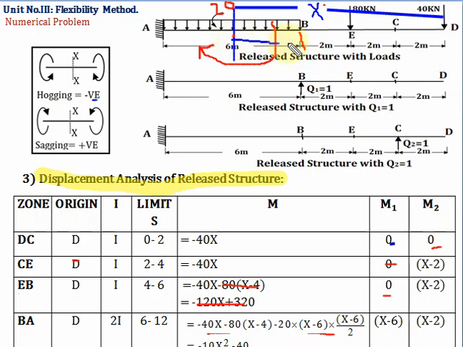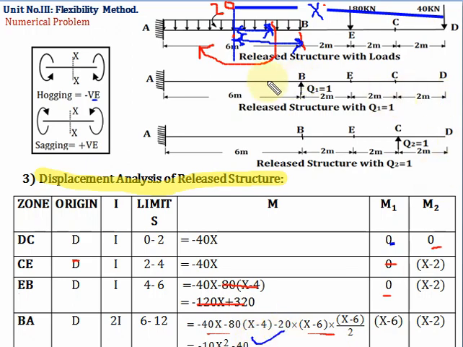So total length is x minus this length, so x minus 6 will be this length. So 20 into x minus 6 into, so this distance is nothing but x minus 6 by 2. If you solve this, you will get this value.